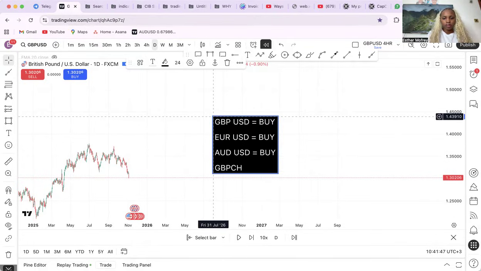GBPCHF will also be a buy. And sometimes GBPJPY, not always, but if the pound is very strong, you will find that GBPJPY is buying.